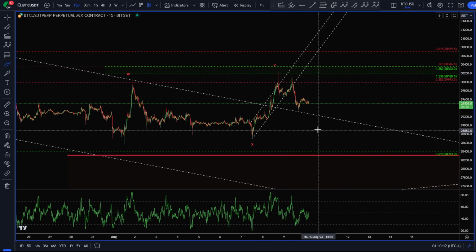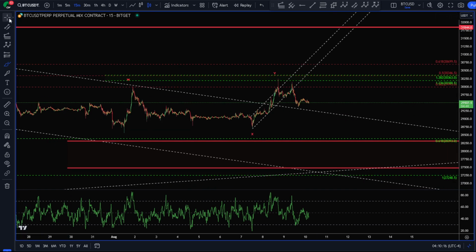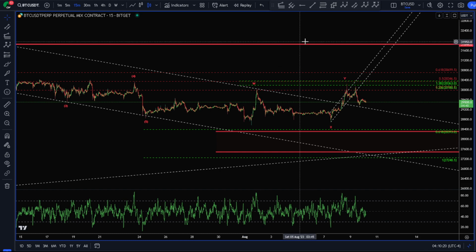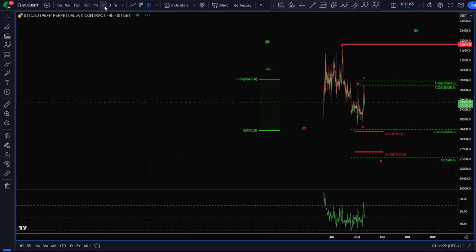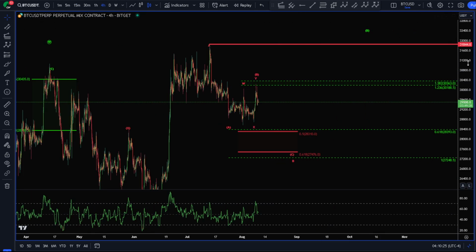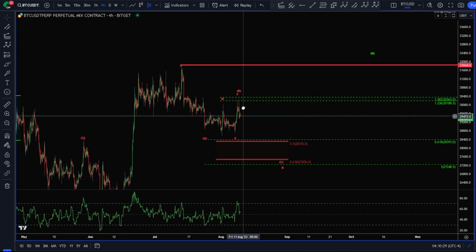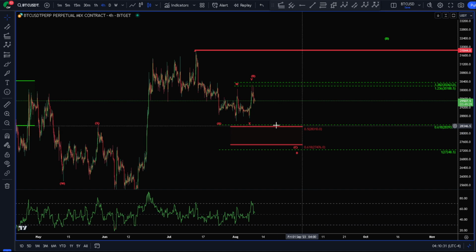You can see we tagged it right there. Now, if it is truncated, I would suggest putting your stop at the high here at 31,844, and we're targeting down here at the B wave between the 618 and the 1-to-1 extension.